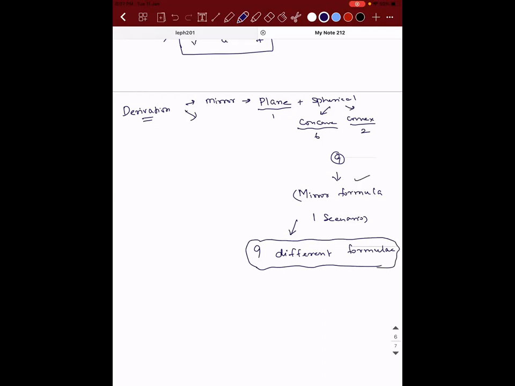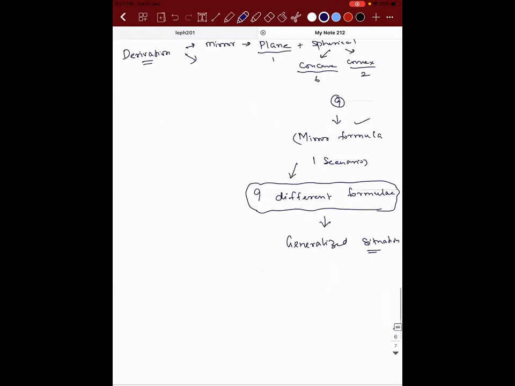So in that formula, by applying sign convention, you created a generalized situation. Correct? But while you solve problems, is it a general thing? When you talk about a problem, an object will be kept at a particular location. So it is a specific thing.